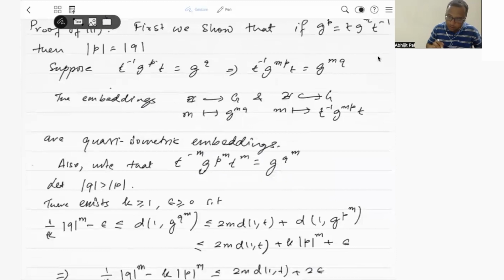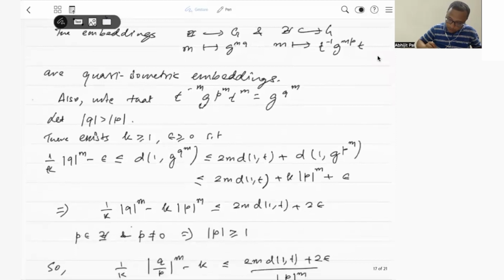Now let us assume mod q is strictly greater than mod p. Then there exist k greater than or equal to 1 and epsilon greater than or equal to 0 such that (1/k) mod q to the power m minus epsilon is less than or equal to the distance between 1 and g^q to the power m, which is less than or equal to 2m times the distance between 1 and t plus the distance between 1 and g^p to the power m.